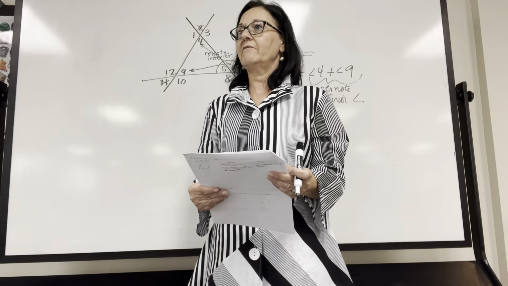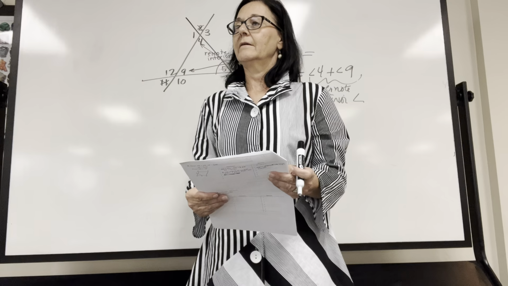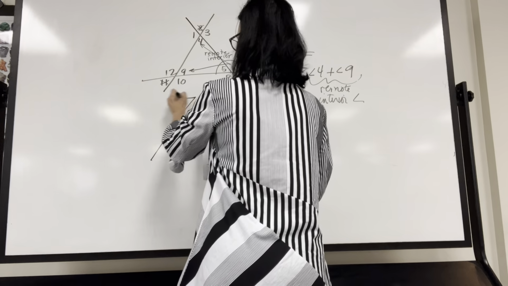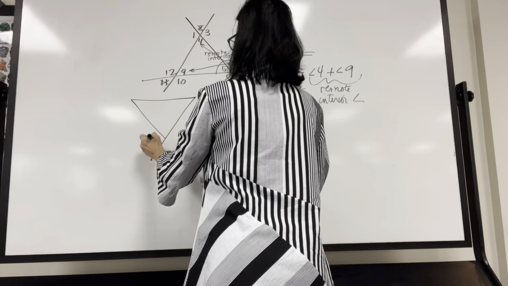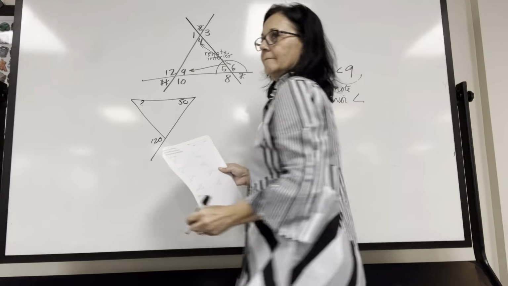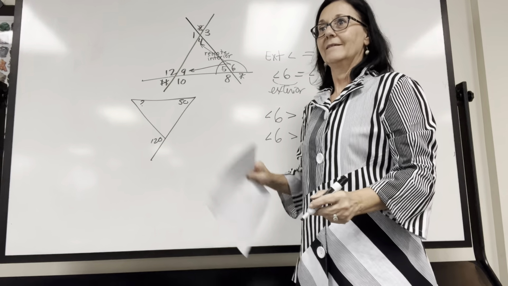Why, David? Why must it equal 70? I got a different answer. If the exterior angle is 120, then yeah, I know why.